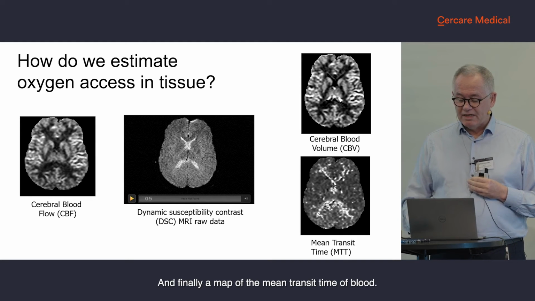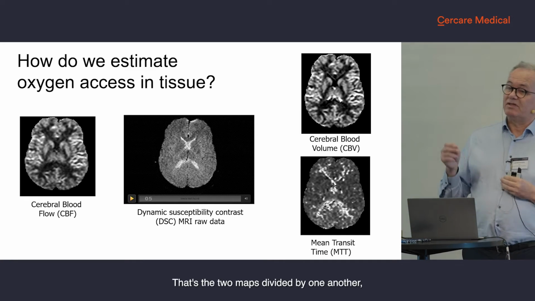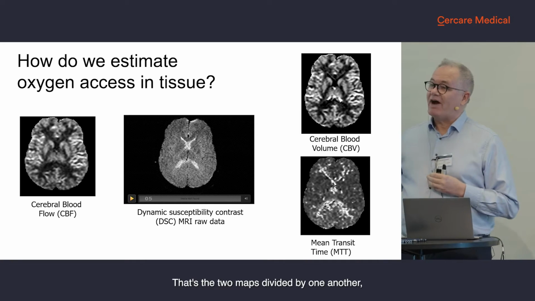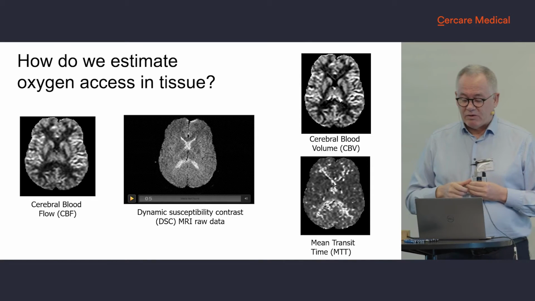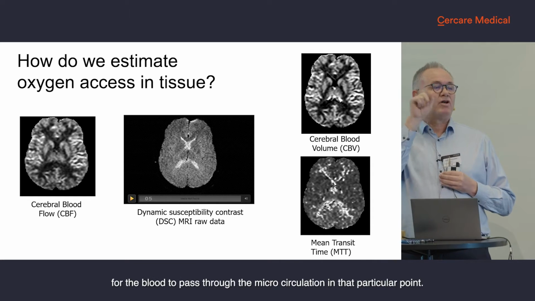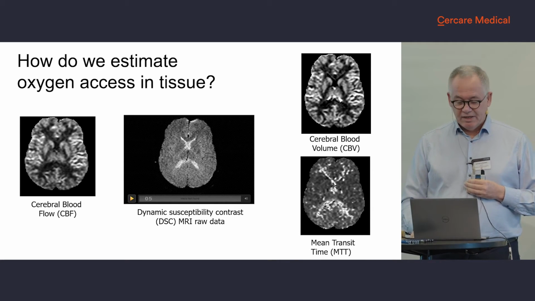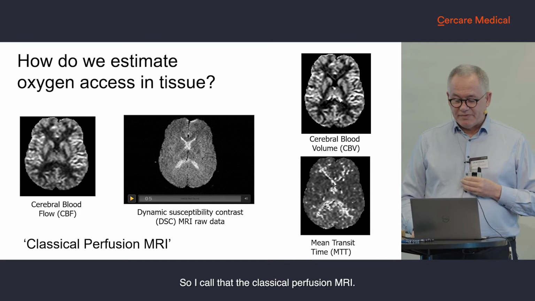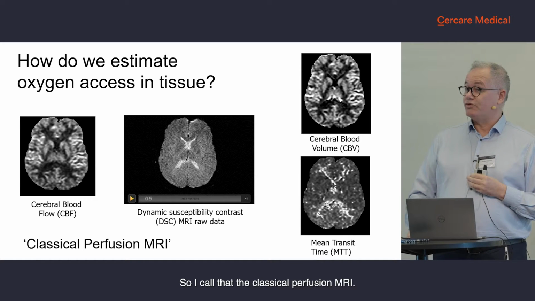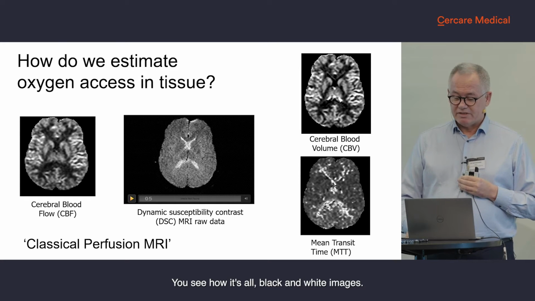And finally, a map of the mean transit time of blood. That's the two maps divided by one another, which tells how many seconds it takes for the blood to pass through the microcirculation in that particular point. So I call that the classical perfusion MRI. You see how it's all black and white images.